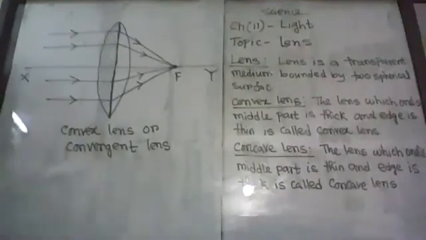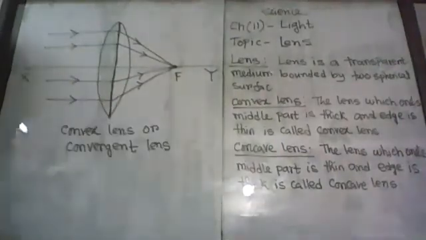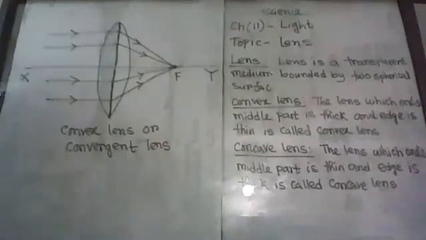Since those light rays fall on a point on the principal axis, that particular point F is known as the focus point. Sir, why does it always fall on F, like focal length? This is intrinsic behavior. It happens. It's a natural phenomenon.